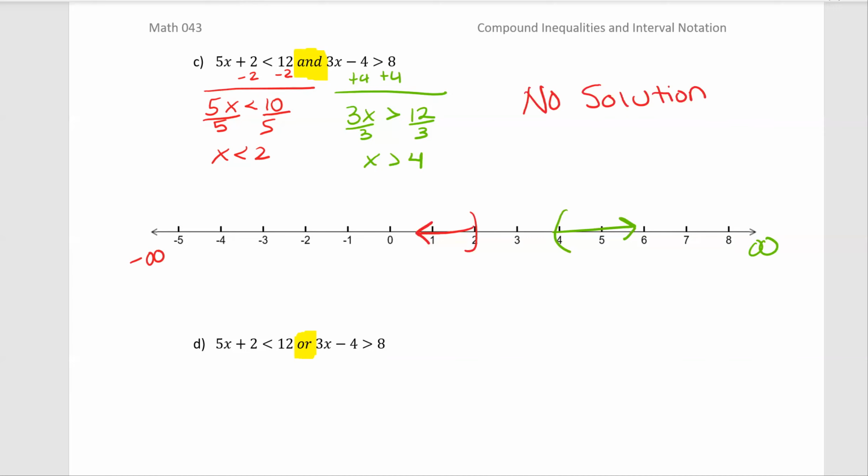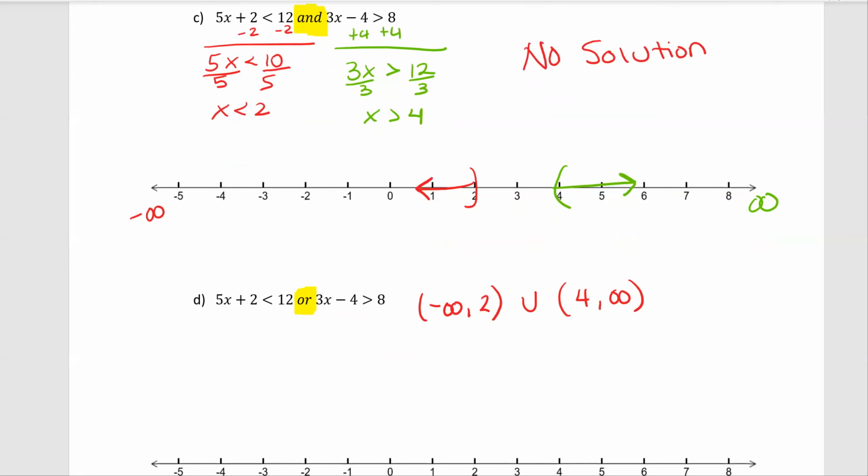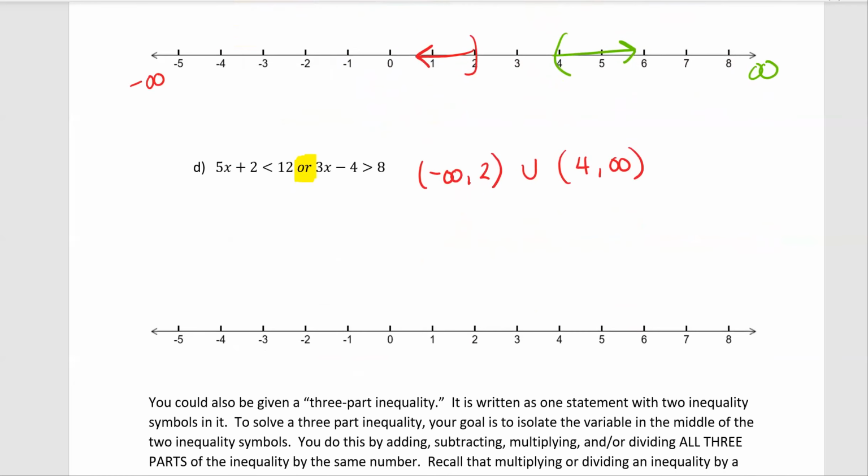So we have the interval from negative infinity to 2, union with the interval from 4 to positive infinity. So be sure that you notice the compound word and you're looking for an overlap or you're looking for all possible solutions.